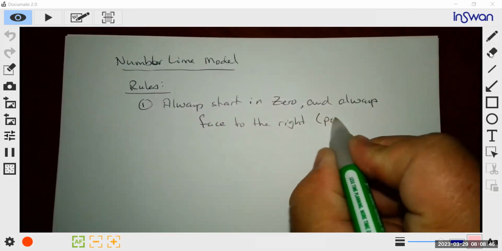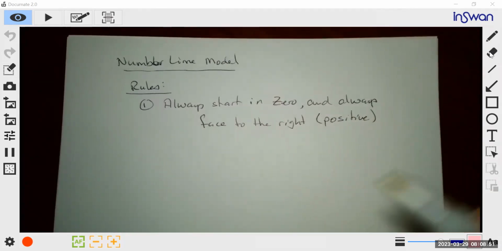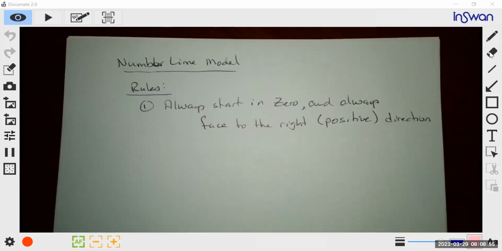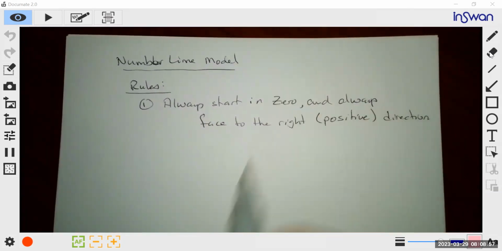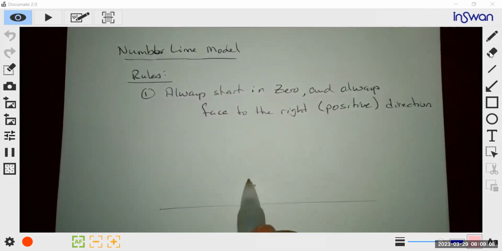That's the positive direction. So here's your number line. So I start at 0. And if you have a person, they're facing to the right.